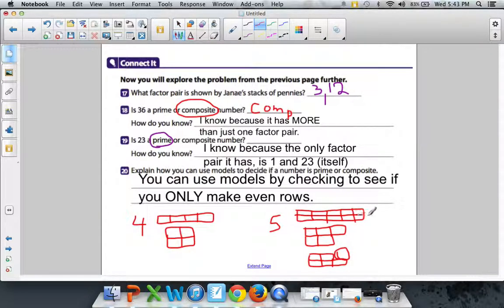I'm talking about more than one row. Can you make more than one row that are all even, and when you add them up, 1, 2, 3, 4, 5, it still equals a number? 5 can't do that because it has a row that's not the same as the other, but 4 can. See, those rows are the same.